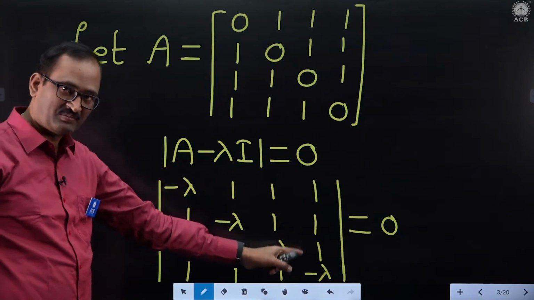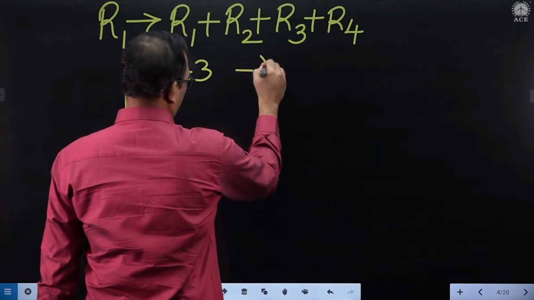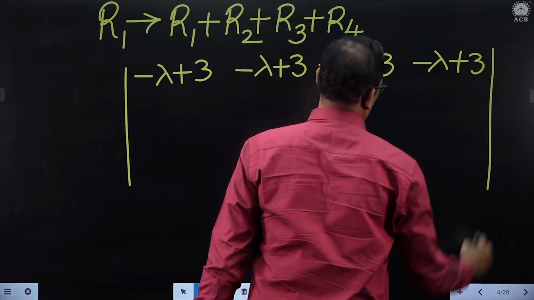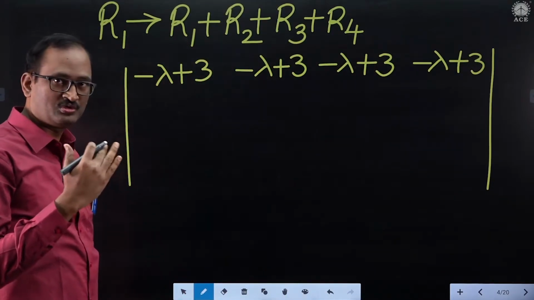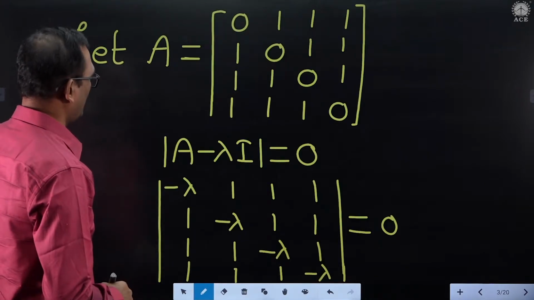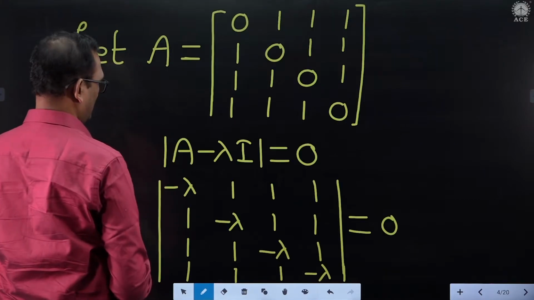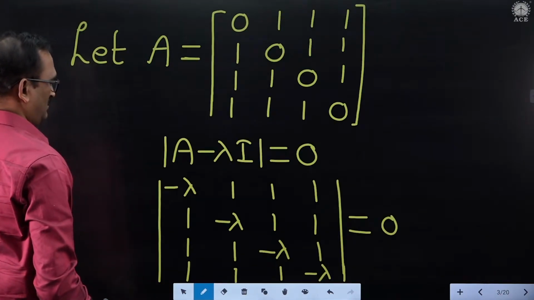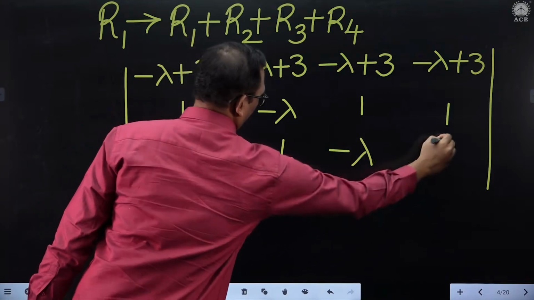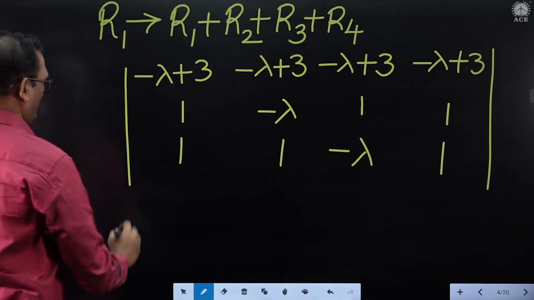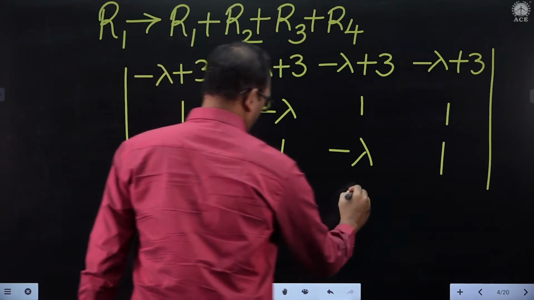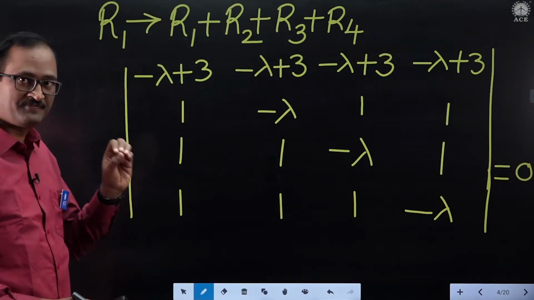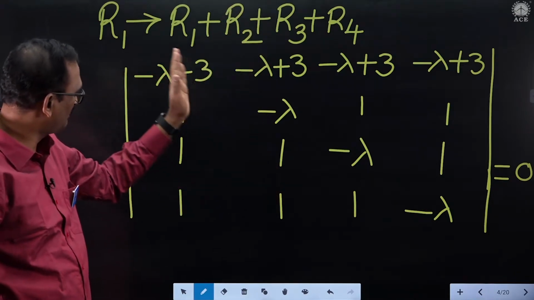Now the second, third and fourth rows remain as they are: 1, minus lambda, 1, 1; 1, 1, minus lambda, 1; 1, 1, 1, minus lambda; is equal to 0.